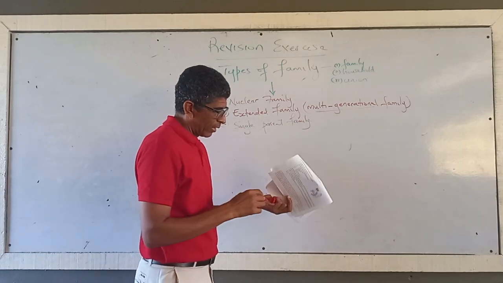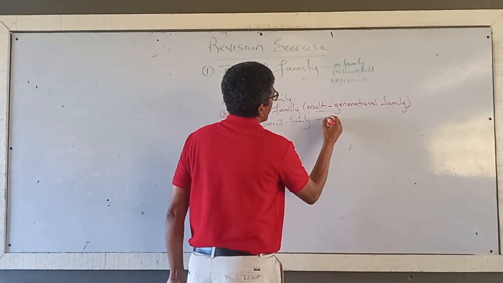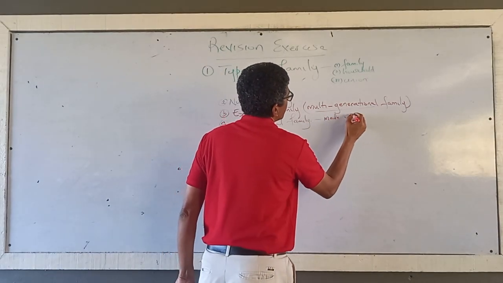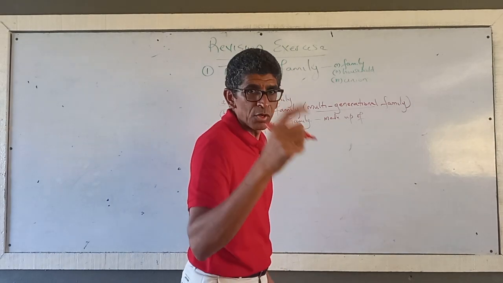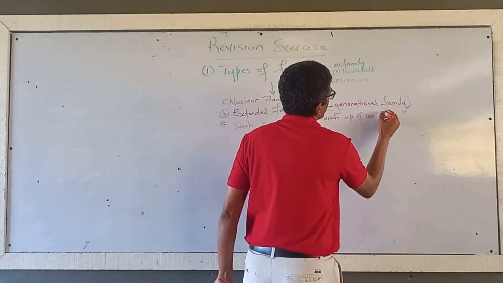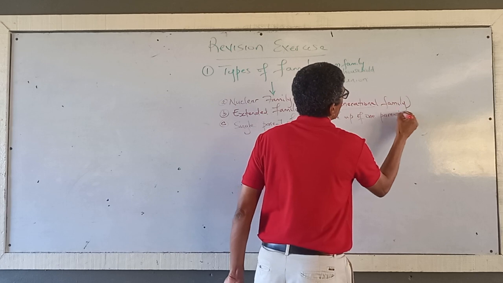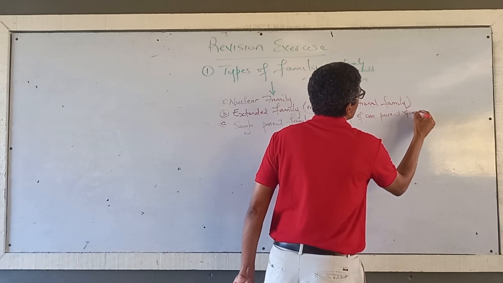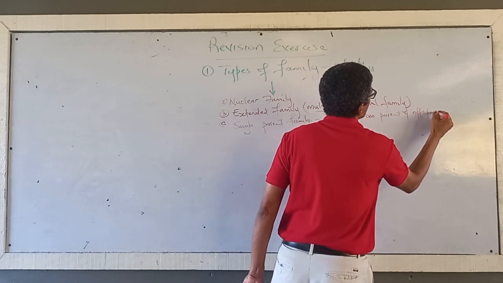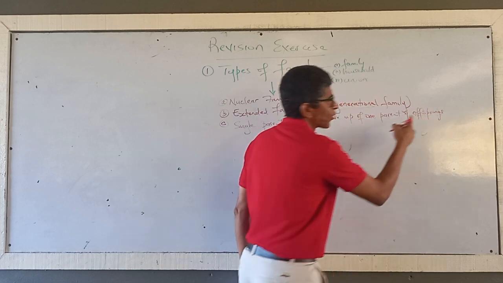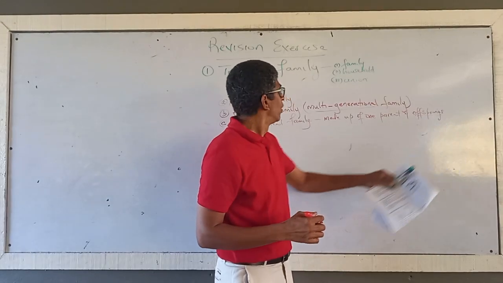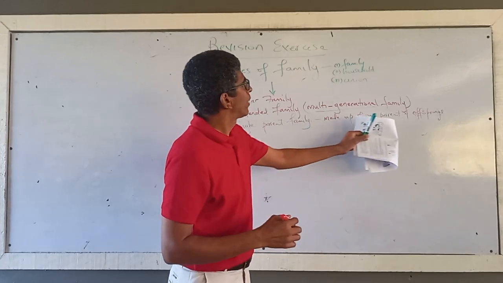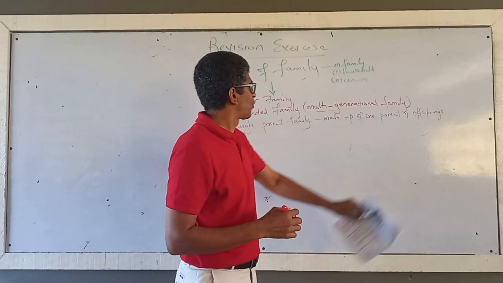Single parent family is that type of family that's made up of, finish it for me. Very good. One parent and offsprings. Remember, the word offsprings here refers to the children that they have in the family. That's what offsprings means. So, one parent and offsprings.